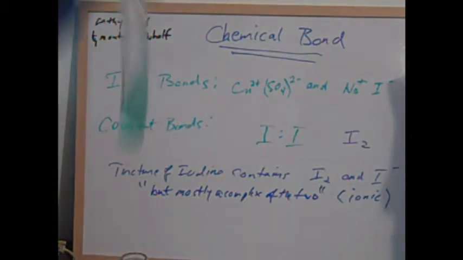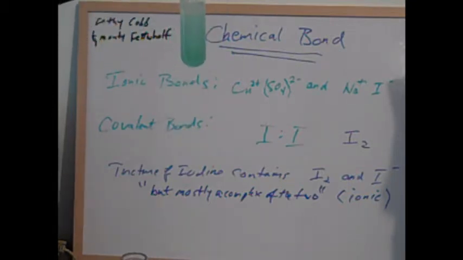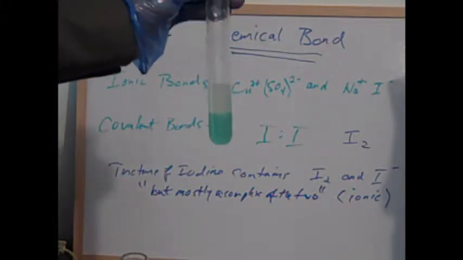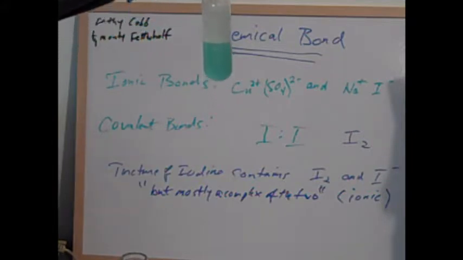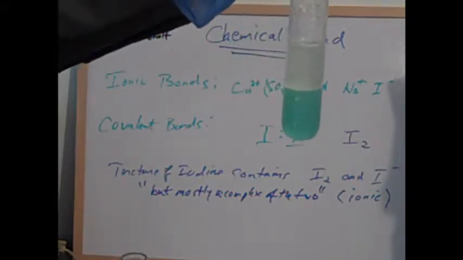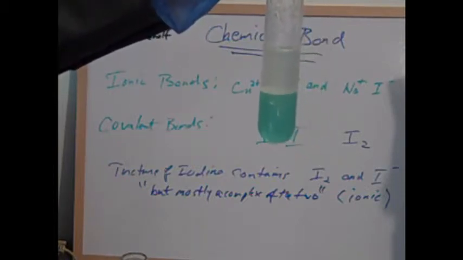We're told to shake them up. And if we shake them up and let them separate, you see that the copper sulfate goes to the bottom again and the mineral oil stays on top, clear. Hope you can see that clearly.